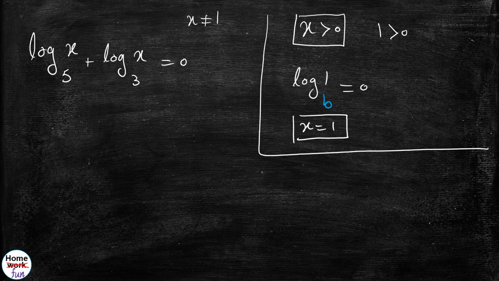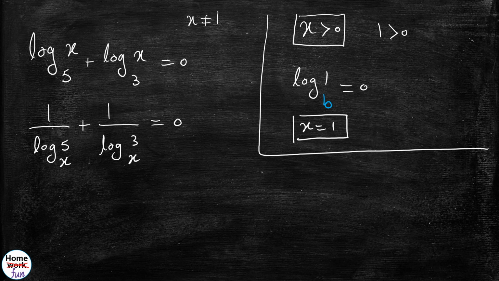We want to find out if there is any other answer at all. So I can write log of x with the base 5 as 1 over log of 5 with the base x. They are the same thing. And the other one, 1 over log of 3 with the base x, equals 0.